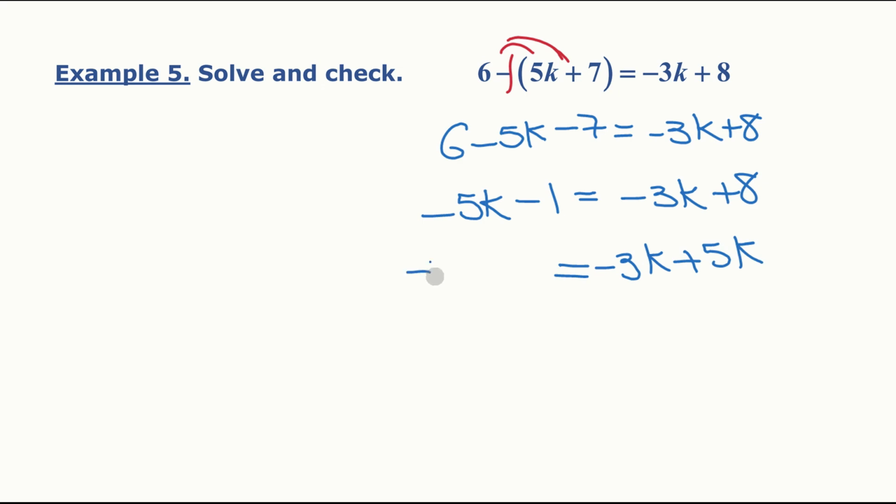I'm going to keep the -1 here, no change, but I'm going to move the 8 over to the other side, so that becomes -8. So now we get -9 equals 2k. Divide both sides by 2, and I get k equals -9 over 2.